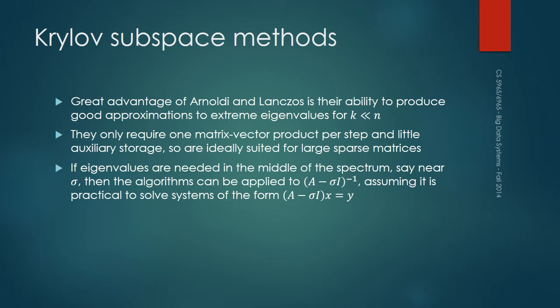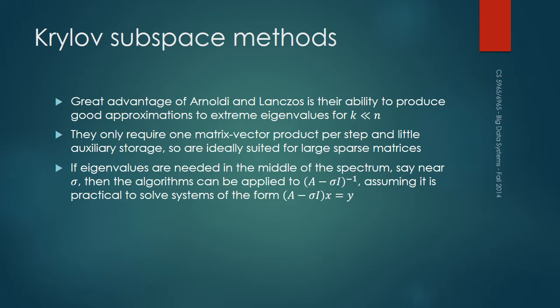And just to summarize, the biggest advantage of both Arnoldi and Lanczos is their ability to produce good approximations to extreme eigenvalues for k much, much smaller than n. So we're talking of k equal to 20, 30. For most practical matrices, you're not looking at some bizarre pathological cases, you will get very, very good approximations, at least for the extreme eigenvalues.